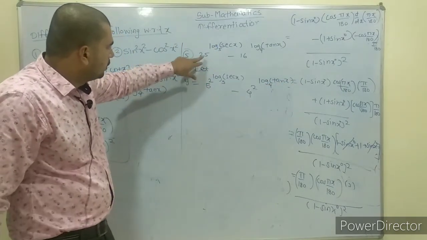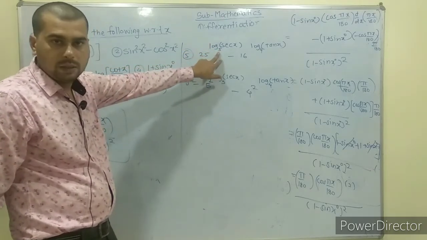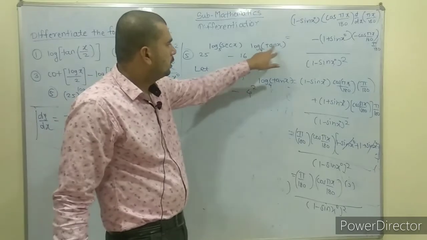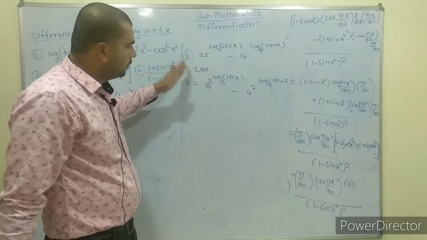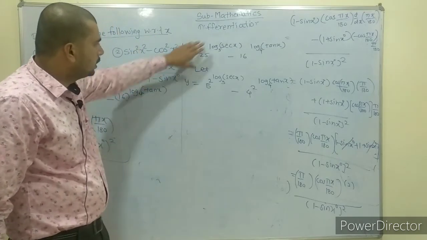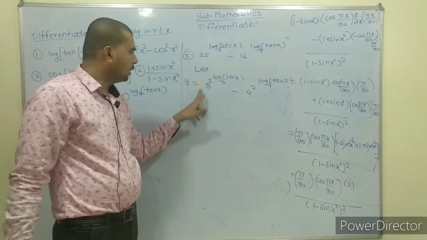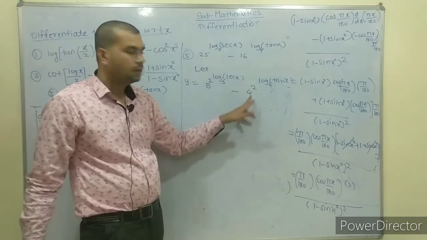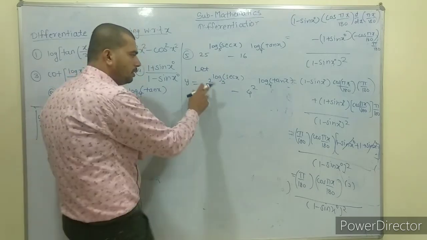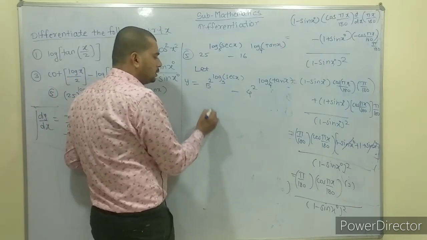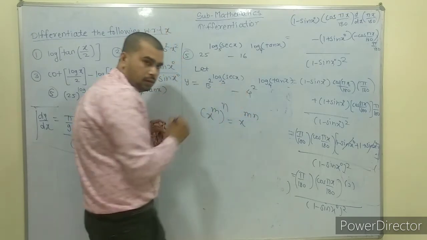What I have done here: my function is 25 raised to log sec x to the base 5 minus 16 raised to log tan x to the base 4. This is the index, this is the base. In my first step, I am naming it as y, writing this 25 as 5 square and 16 as 4 square. Here I am using the property (x raised to m) raised to n equal to x raised to mn.